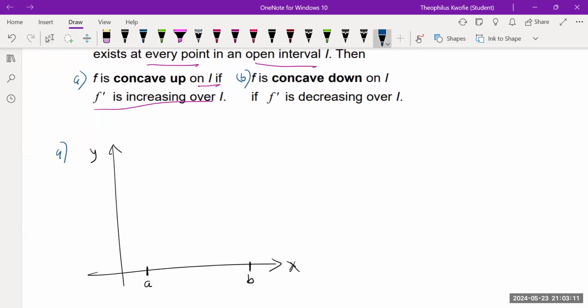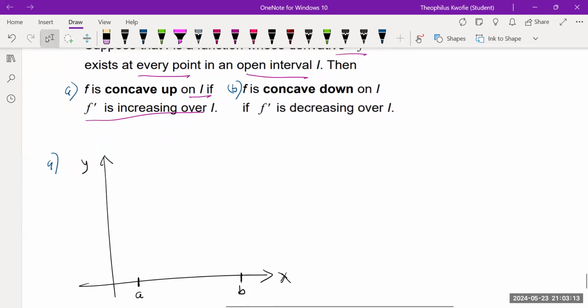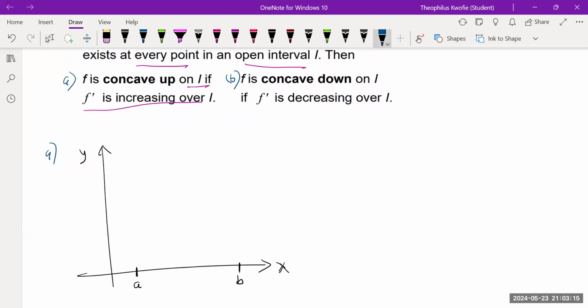Suppose that I have a graph that starts at this point, then decreases and goes up to this point. So this is how f looks.